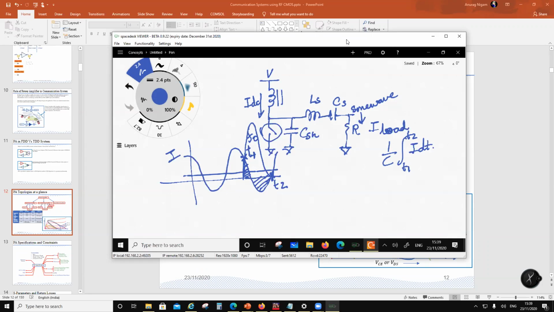Because there is no current in the switch, but there is a voltage across the switch. Now at the turn on, this voltage is 0 as well as the current is 0, right? That means there was nothing stored on the capacitor. So when the switch is turned on, the remaining of the cycle is passing through the switch. Now, if the resistance of the switch is 0, then the voltage across the switch is 0.